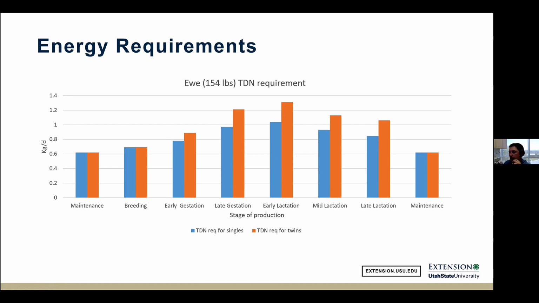If our animals are out on pasture, this time period in late gestation and early lactation is where you really want to make sure your animals are getting some supplementation if they need it, in order to raise the most pounds of lamb.